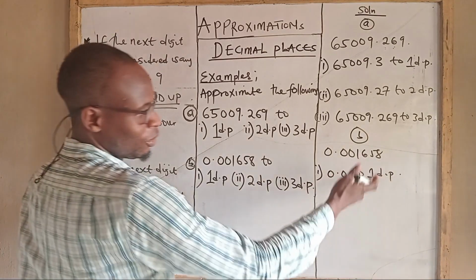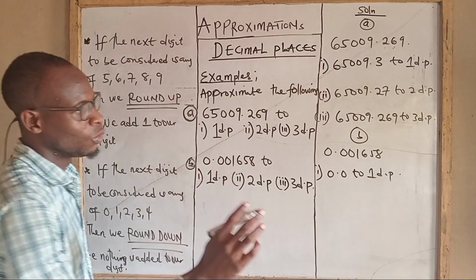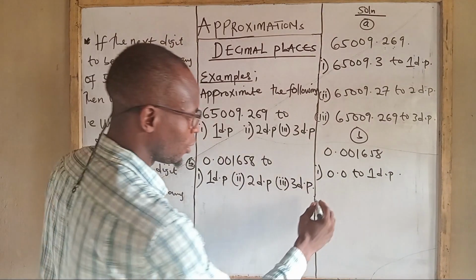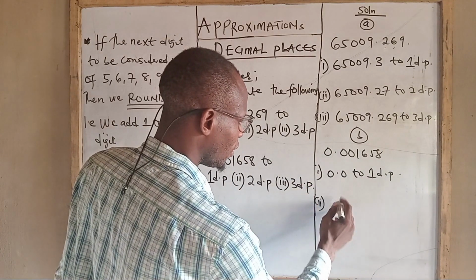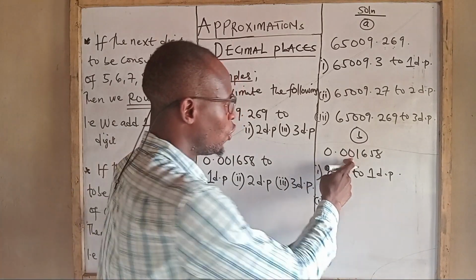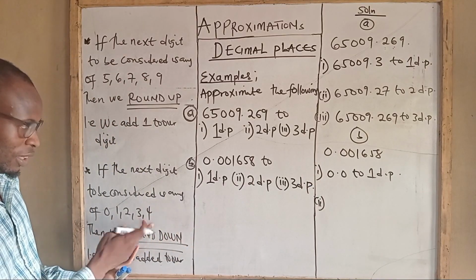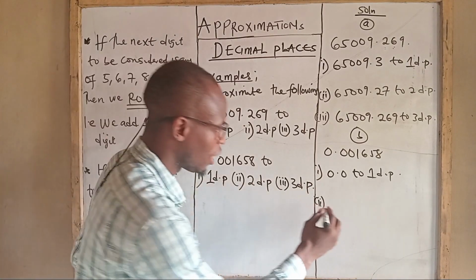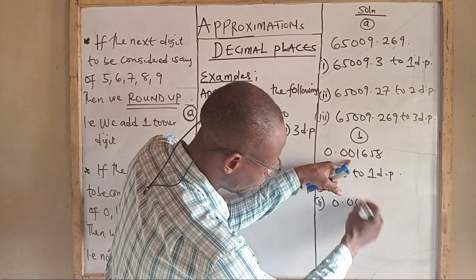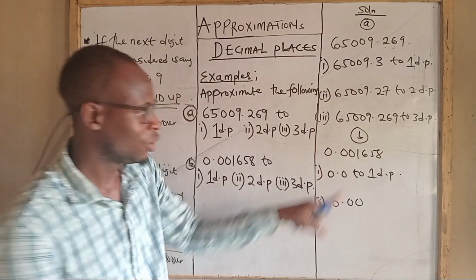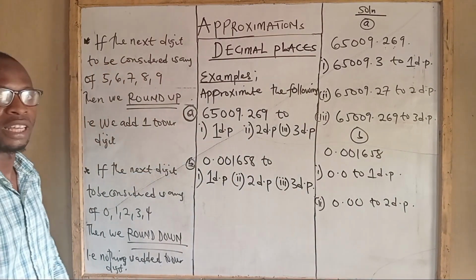For 2 decimal places, similarly, you have 1, 2. If you look at the next digit here again, it falls in the category of what? Round down. That means you are not meant to add anything. So you should have 0.00, it will not have any effect, right? So this is to 2 decimal places, it does not have any effect too.